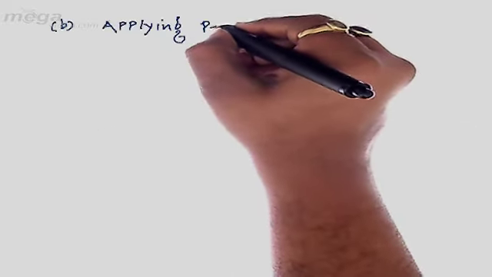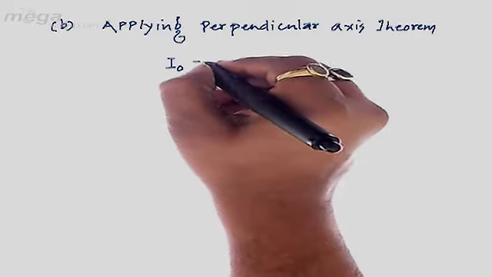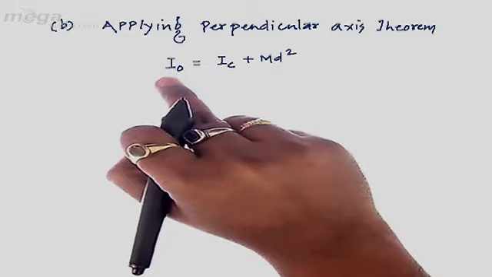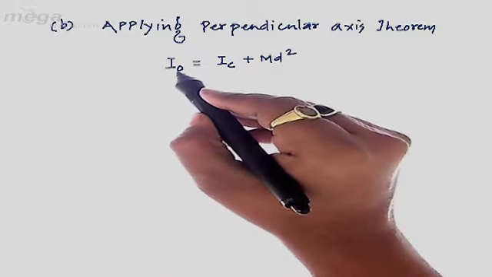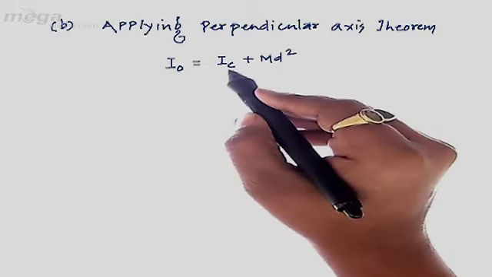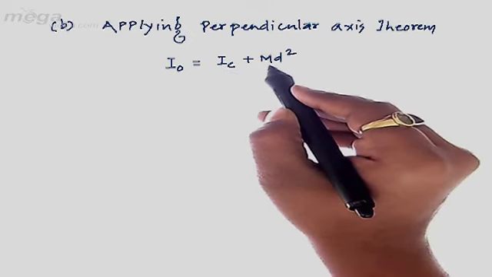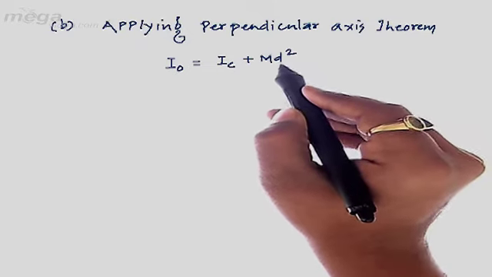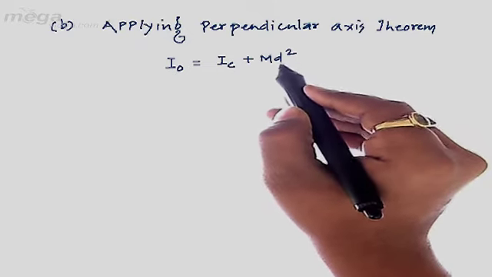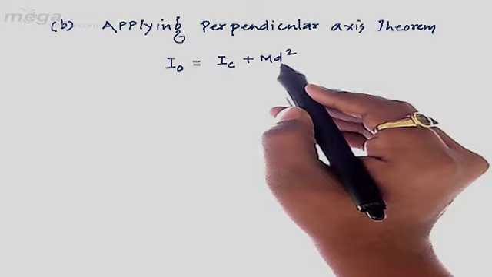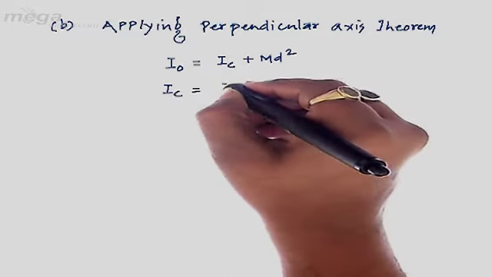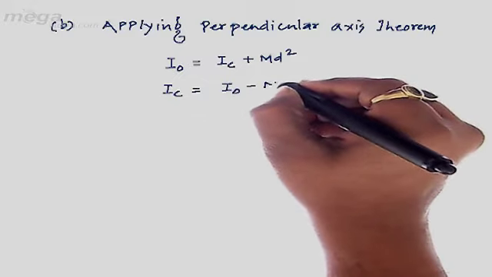Thus, applying the parallel axis theorem, I naught can be written as IC plus MD square, where I naught is the moment of inertia about the y-axis, IC is the moment of inertia about the centroidal axis, M is the mass of the rod, and D is the distance between the centroidal axis and the y-axis. We can see IC will be equal to I naught minus MD square.